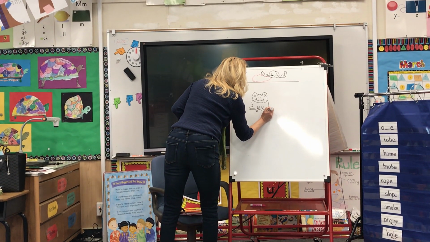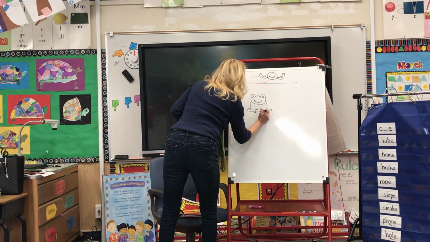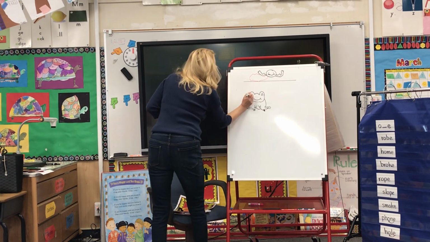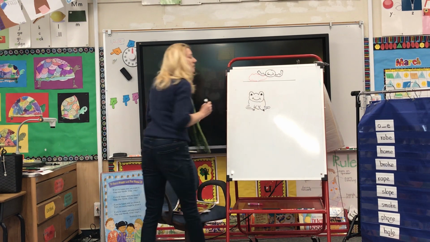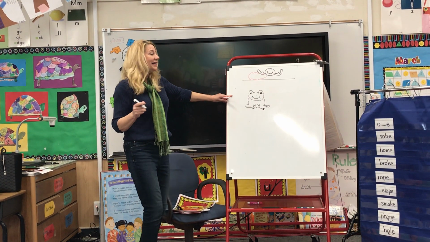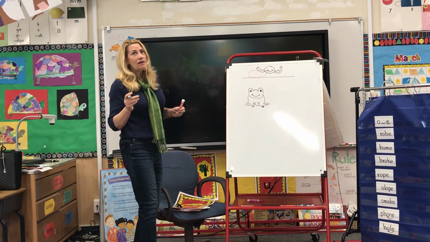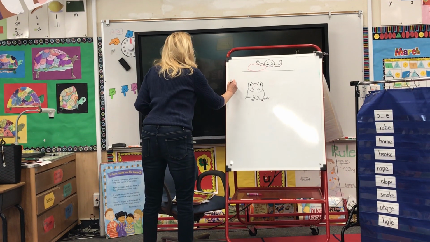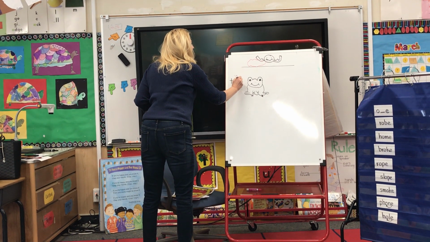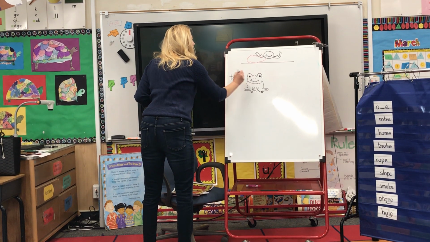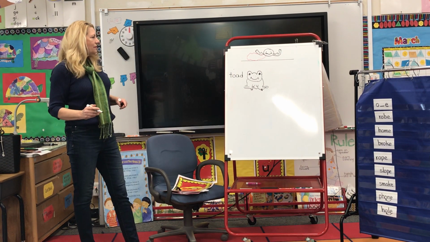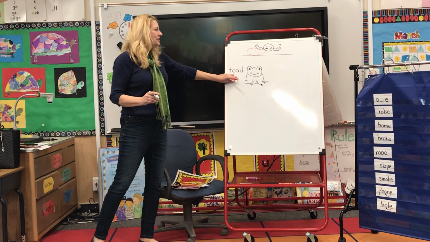And then after you draw it, you want to write the word. Now I know that toad has the O sound in the middle, and with that it's spelled with O-A. So we're going to write toad right next to our drawing.